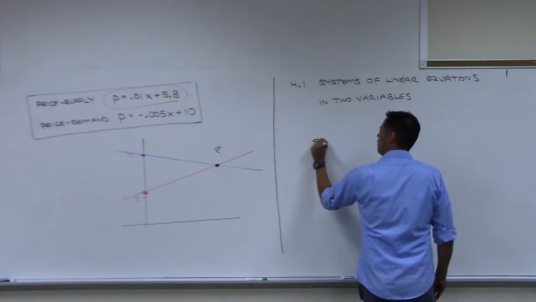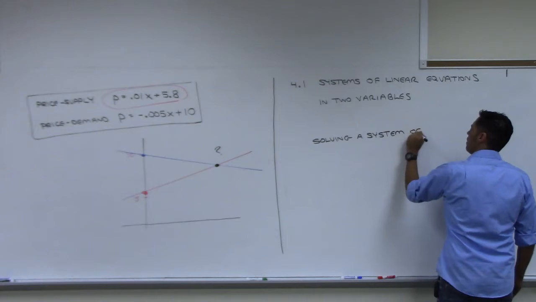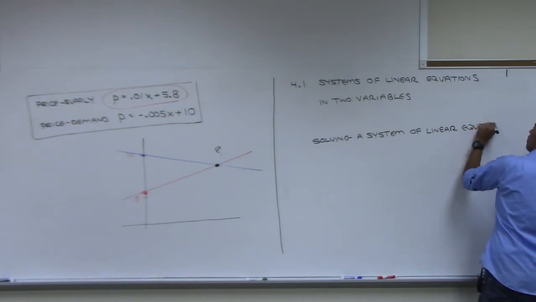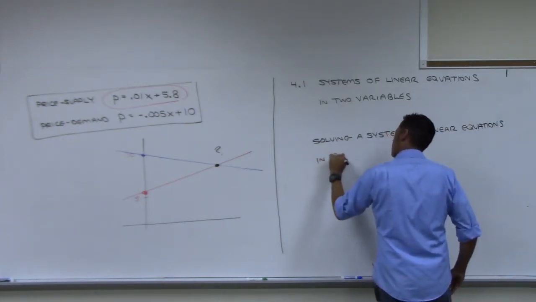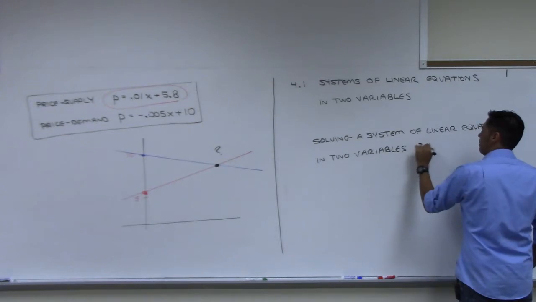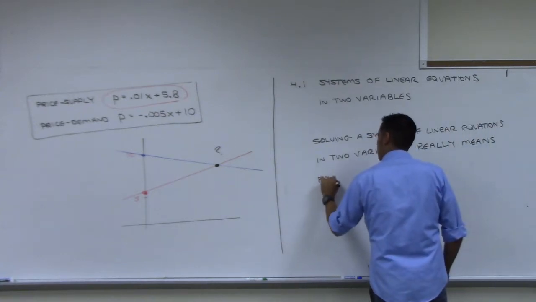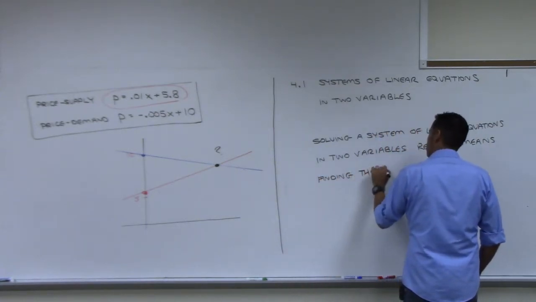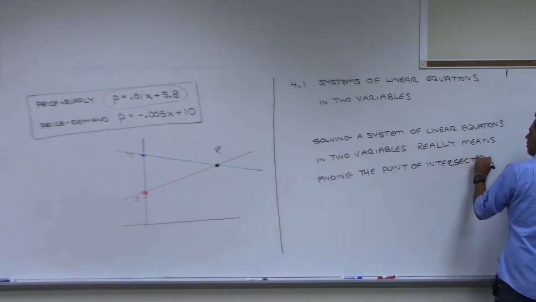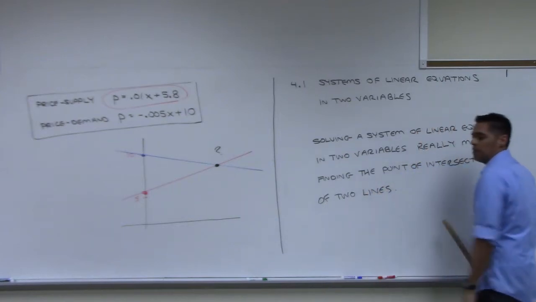So solving a system of linear equations in two variables really means finding the point of intersection of two lines. All right, that's what it really means.